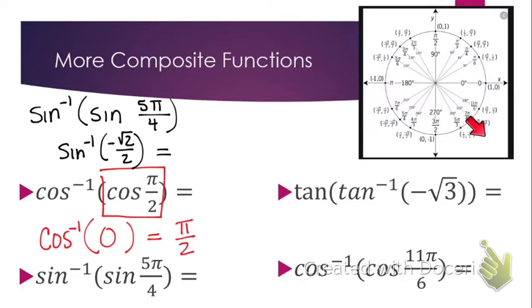So my final answer would be, you have to remember the restriction has to fall between negative pi over 2 and positive pi over 2. So what is this angle on the unit circle written as a negative? So 7 pi over 4 is the same as negative pi over 4. So your answer would be negative pi over 4.